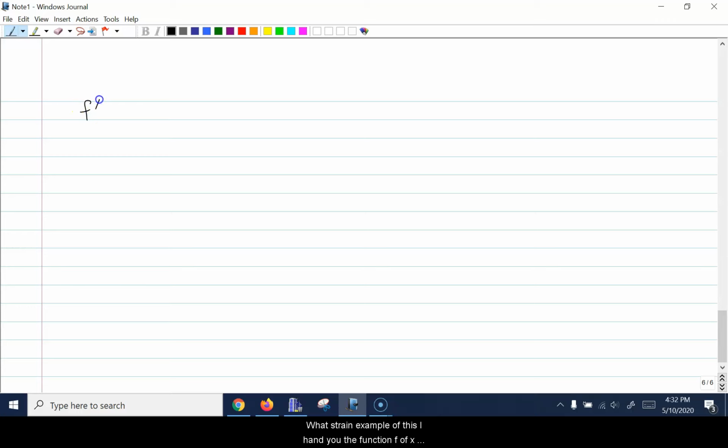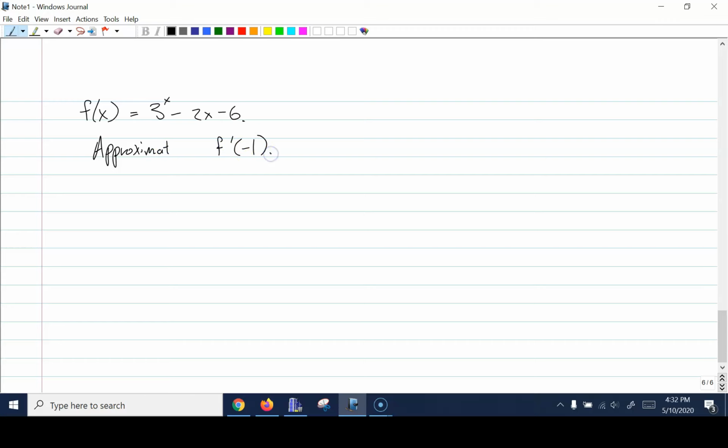If I hand you the function f of x equals 3 to the x minus 2x minus 6, and I say approximate f prime of -1, the thing we're doing is we need to say f prime of -1 is about, I need to pick a number very close to -1.